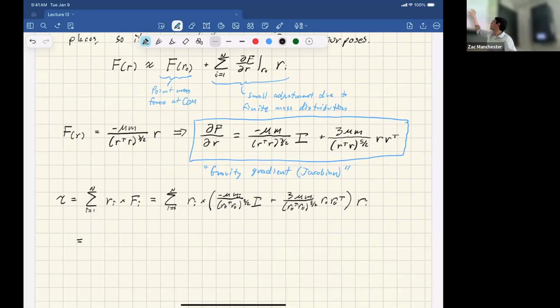So what does this first term look like inside the sum? It's like an Ri cross Ri, like a scalar. So it's Ri crossed itself. So this first term drops out and does nothing, and only the second term sticks around. So that's the first fun fact.